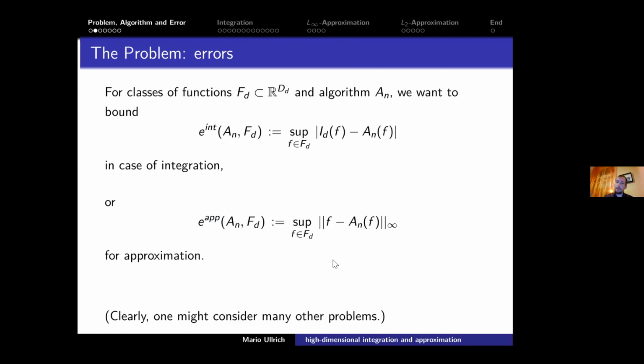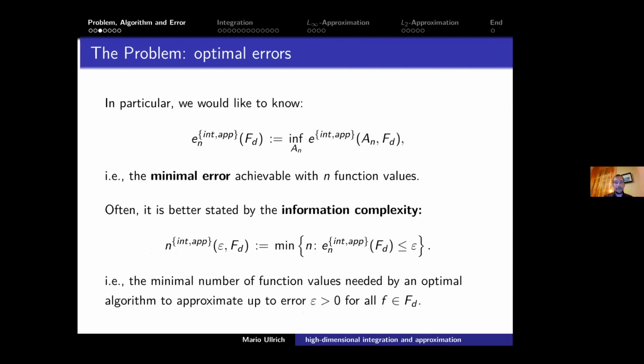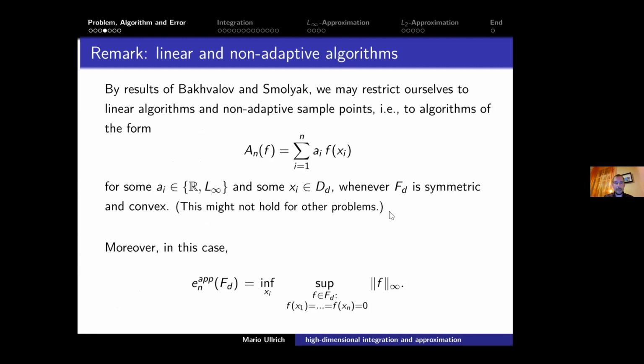So one might now ask, what is an algorithm and all this stuff? And there is a general theory, what we would consider an algorithm and what we would not consider. But let me just add, maybe I can say directly now, that in the setting I'm considering, we only need to consider linear and non-adaptive algorithms. So by quite old result of Bakhvalov and Smolyak, it's completely enough in the setting we are in to consider algorithms of this form.